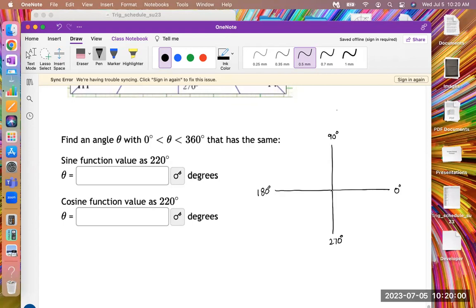In fact, if you add 45 degrees to 180, then it's 225. So right in between 180 and 270 would be 225. So you know that 220 is going to be just a little bit smaller than that, so probably right here.